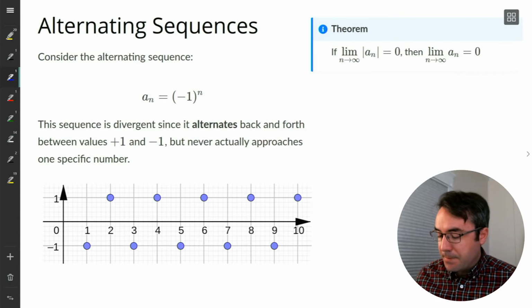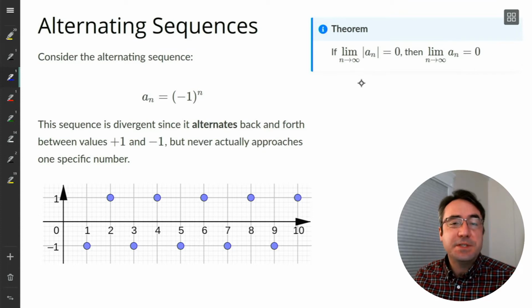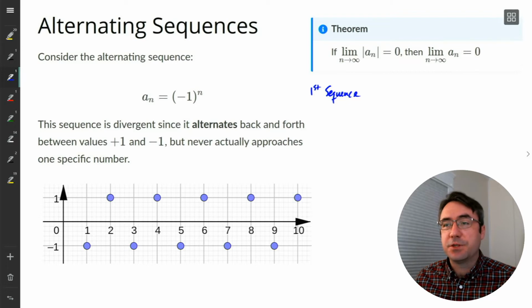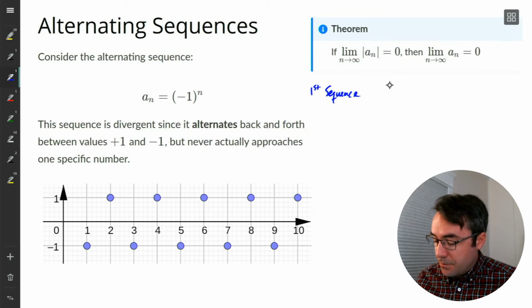And let's keep in mind, we're working with two different sequences here. So we have our first sequence, which is just the original sequence. So we're given a sequence with maybe some positive and negative terms. So this is just our original sequence, A1, A2, A3, and so on.